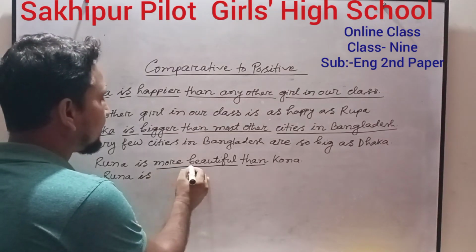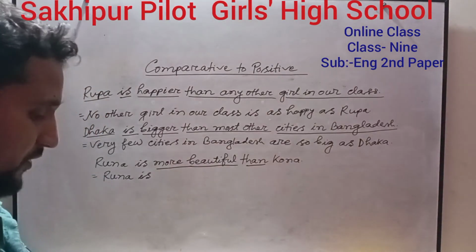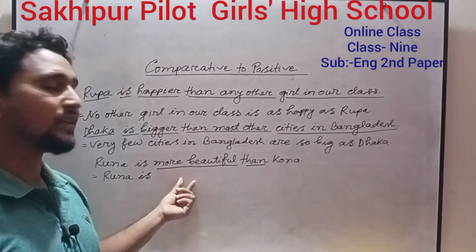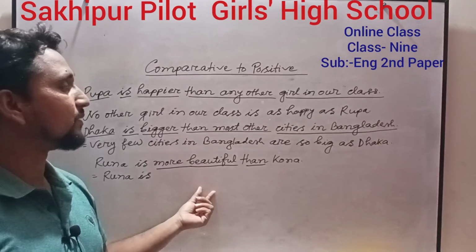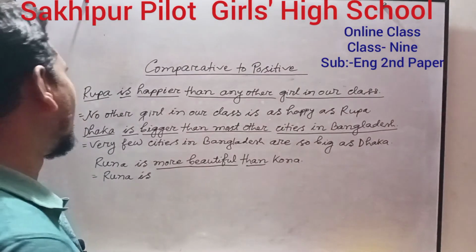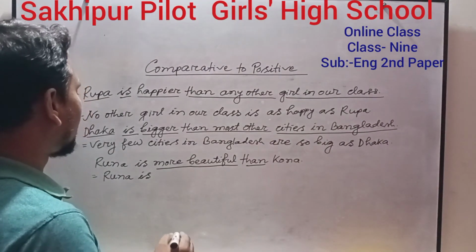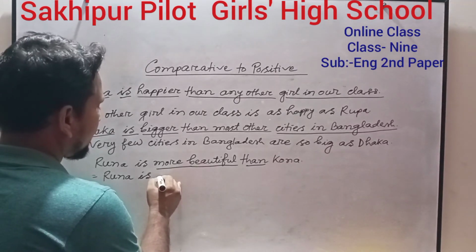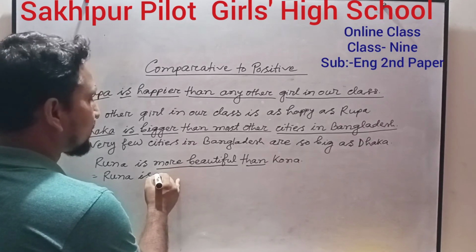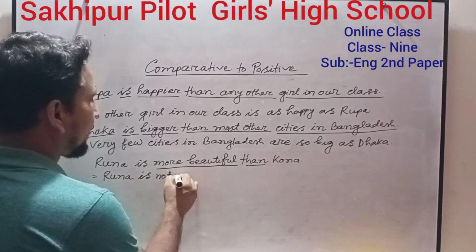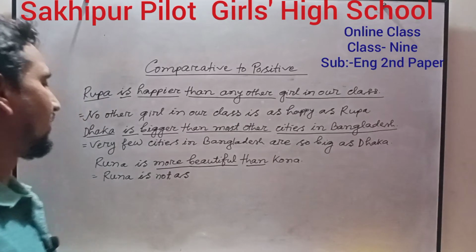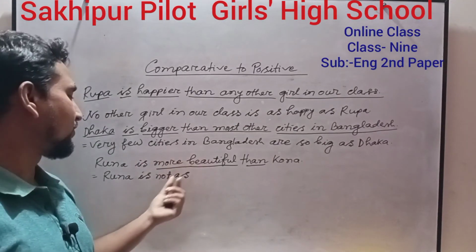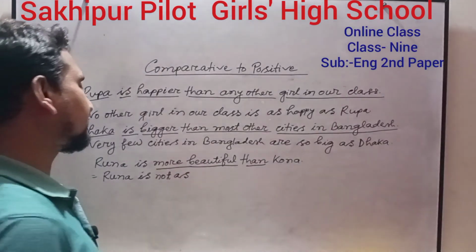If this comparative sentence is negative, the positive degree will be affirmative, and if this comparative degree is affirmative, the positive degree will be negative. So instead of "more beautiful", you have to write "not as", because this sentence is affirmative, so it will be negative.